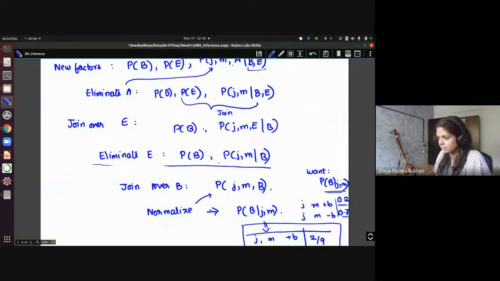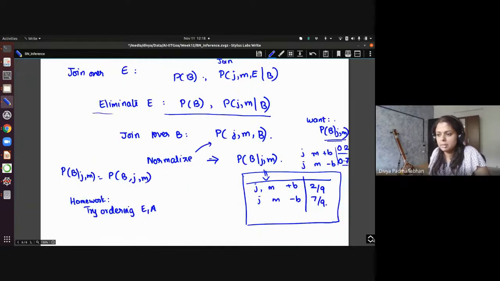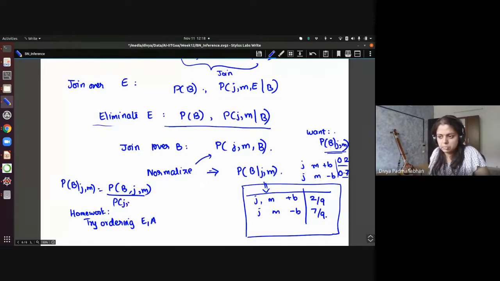You were left with these factors, P of B and P of J given B. Now go back to your query. What you wanted was P of B given JM.